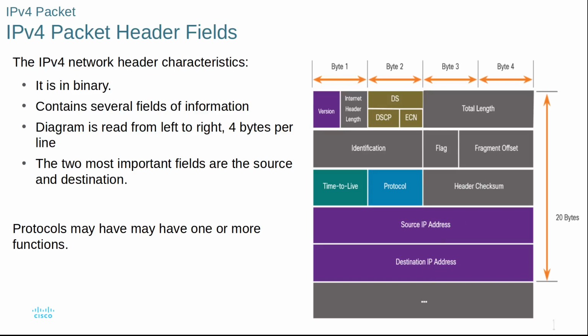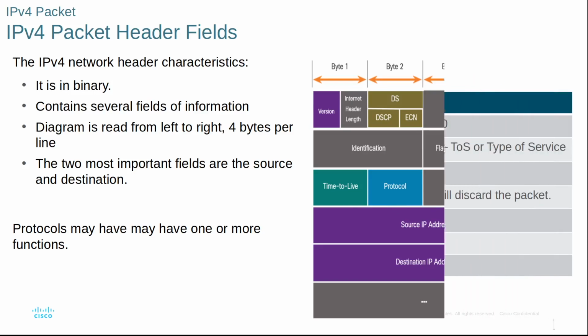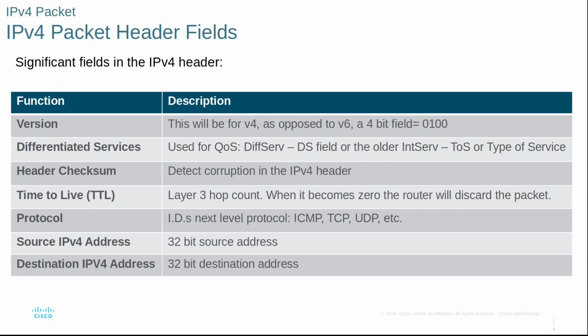Now, this protocol field here may have one or more functions, depending on what's being sent. So that version is going to be 4 or 6. This is IPv4 though, right? IPv6 headers look a little bit different. So this is going to be 4 in this case. Differentiated services is used for quality of service, right?